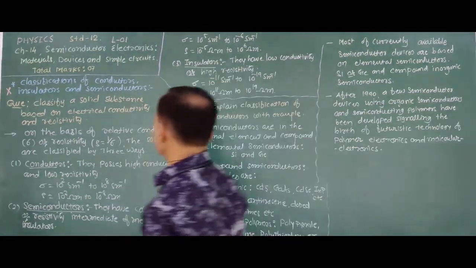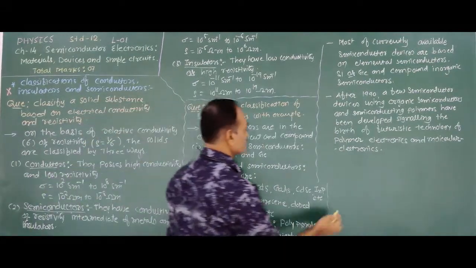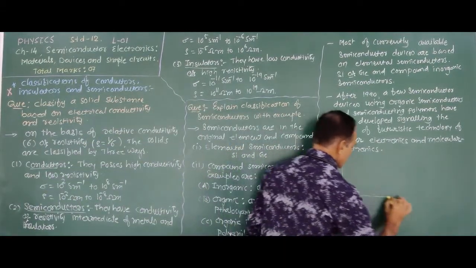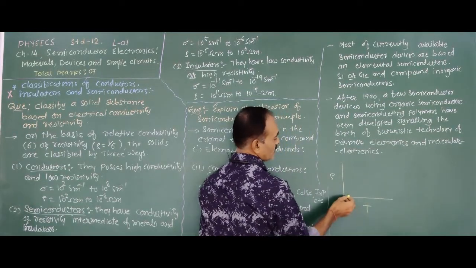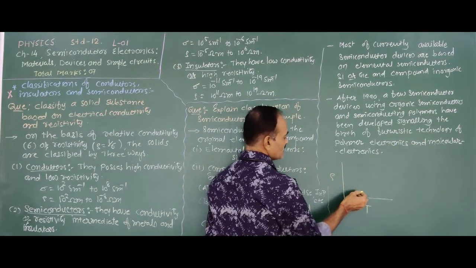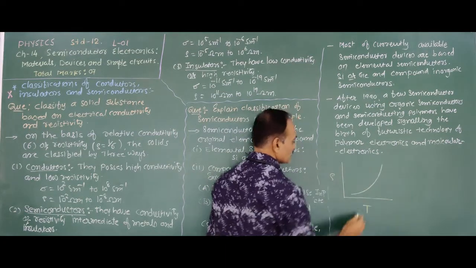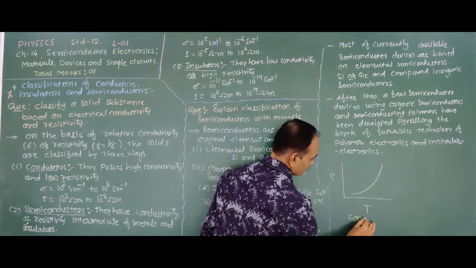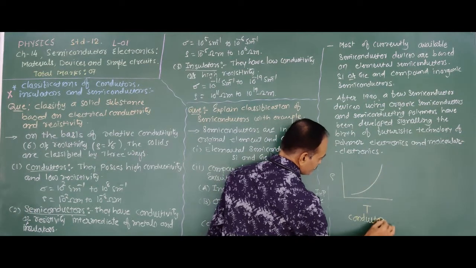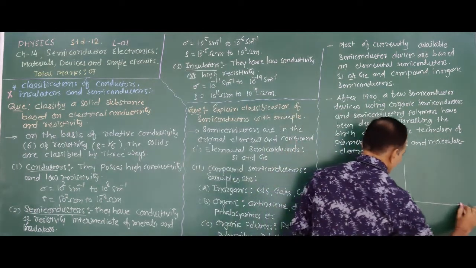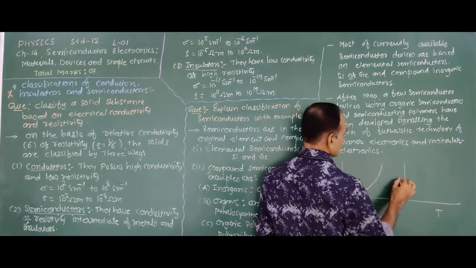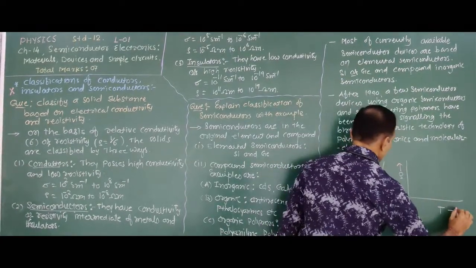For the conductor, the graph of resistivity versus temperature is like this: as the temperature increases, the resistivity increases. While for the semiconductor, the graph is opposite to that, resistivity versus temperature T.